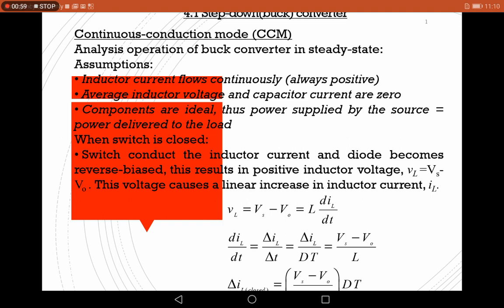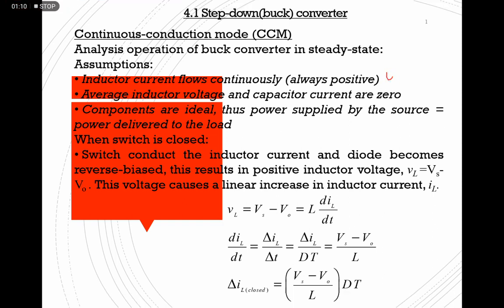First, we assume the inductor current is always continuous, which means your inductor current, your IL, will have a positive value. So your IL will always be continuous. That is one of the assumptions.